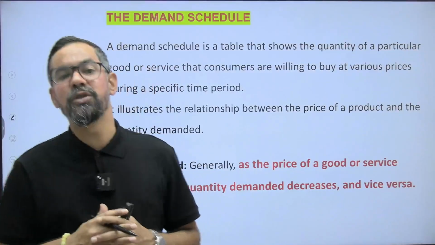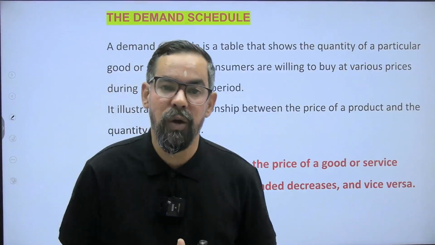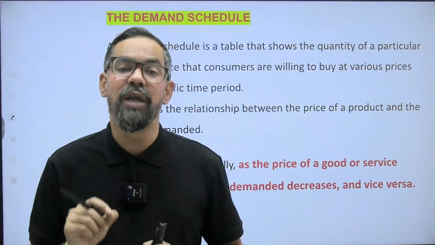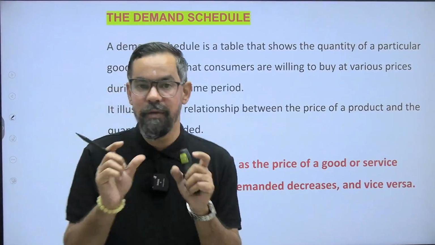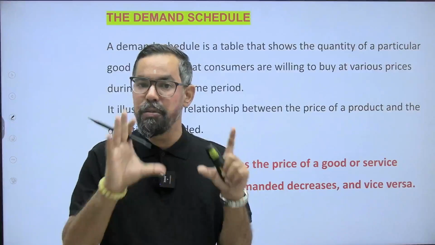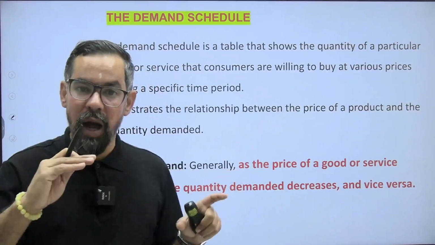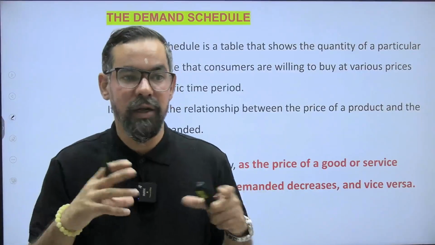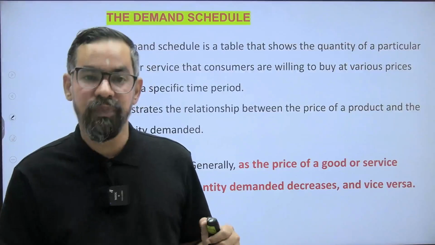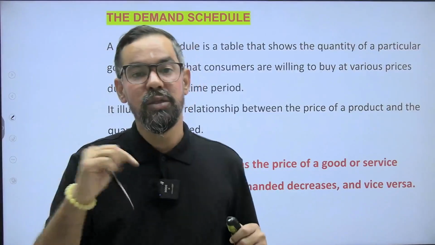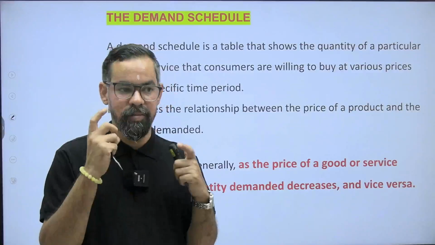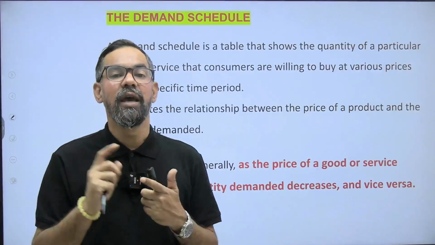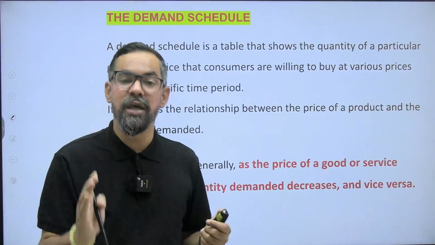When it comes to the demand schedule, it is all about the relationship between price and quantity, right? The basic crux of demand and supply is that for demand, the deciding factor is consumers. When it comes to supply, the decision makers are sellers, the enterprises or the businesses.